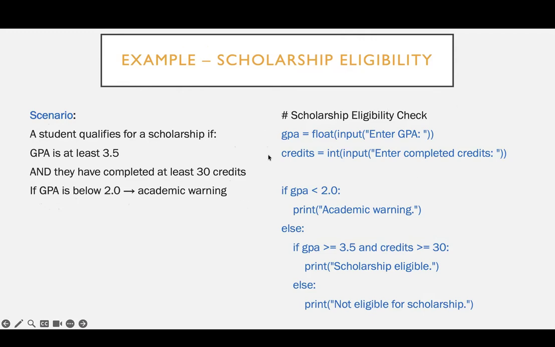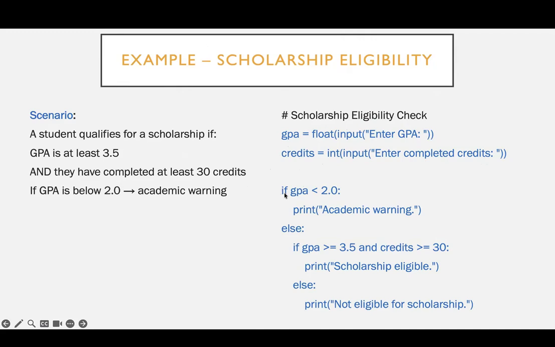We can write the following code for checking eligibility for a scholarship. First, we want the user to enter the GPA. We use the input function and convert that into a floating point value. Then we also ask the user to enter the completed credits and convert that into an integer, because credits are supposed to be an integer.